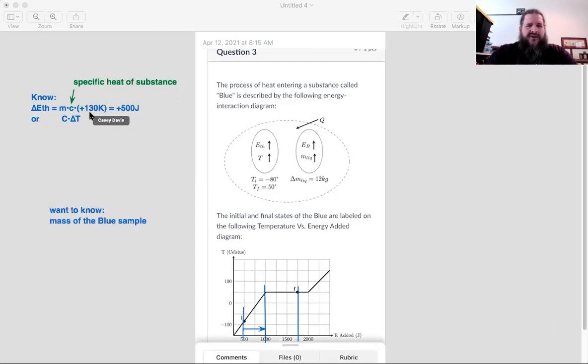So we know the temperature change. We know the energy change. Can we use that to solve for the mass? Can we solve for m in this equation?